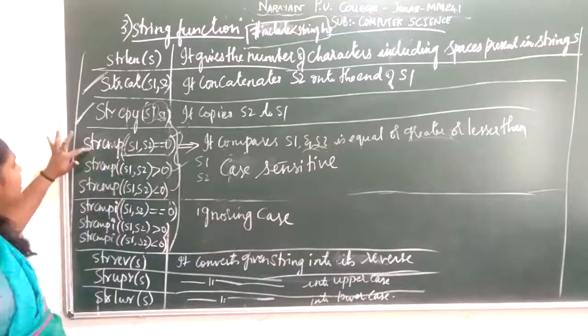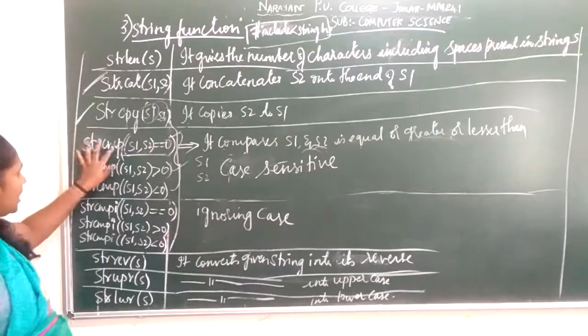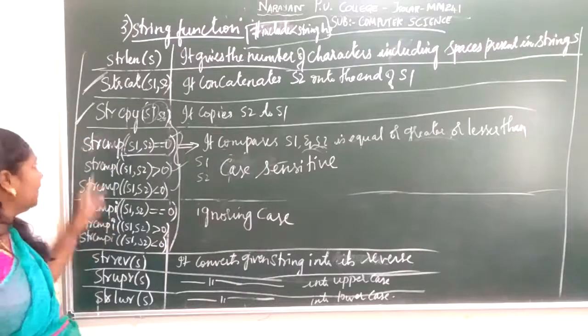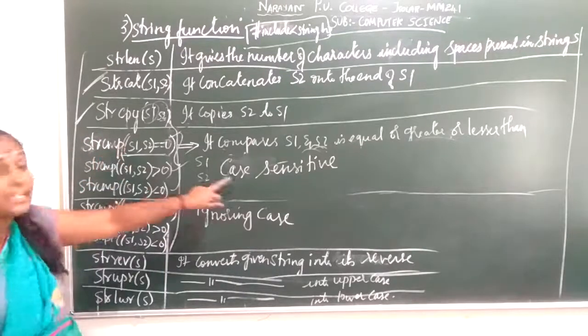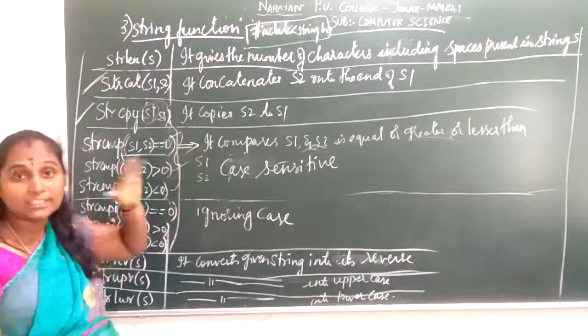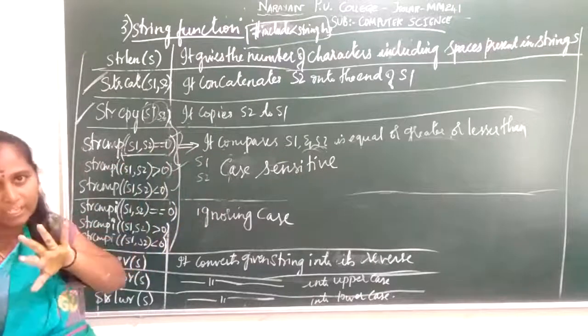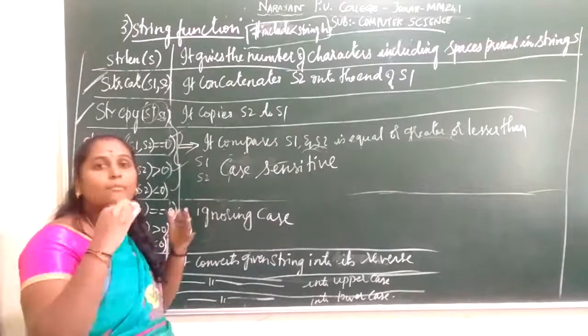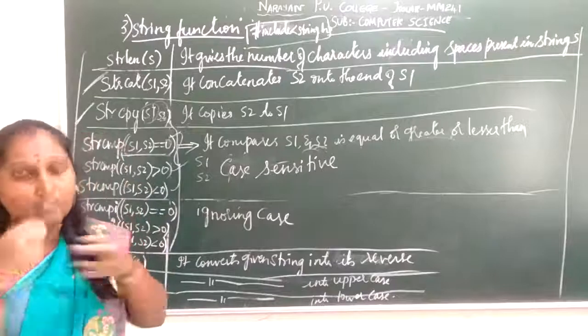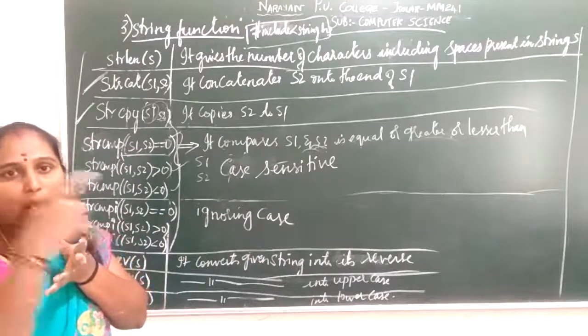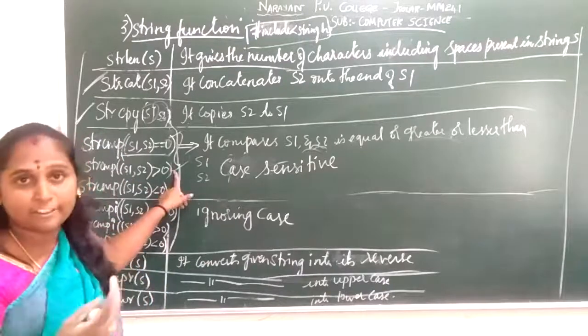That is the difference between strcmp, string compare, and string compare I. If it is without I, it considers case sensitivity. It will consider upper case as different and lower case as different. So if the same letter is written in upper case and lower case, it is considered a different string.